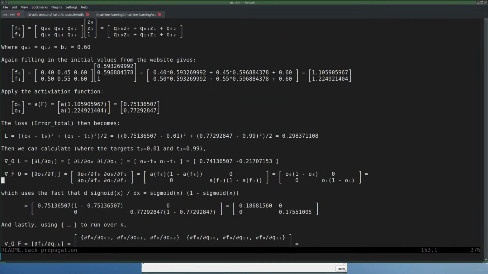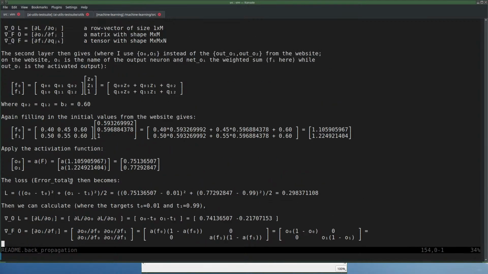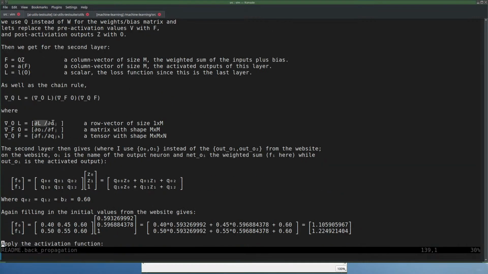Let's see, this is the next layer. The loss function. The different gradients. This was for me for understanding. I just filled in the chain rule stuff, and then you get a 3-dimensional tensor.